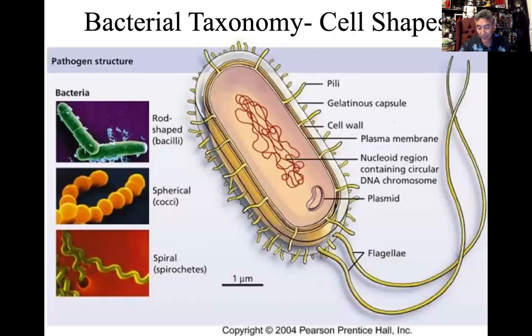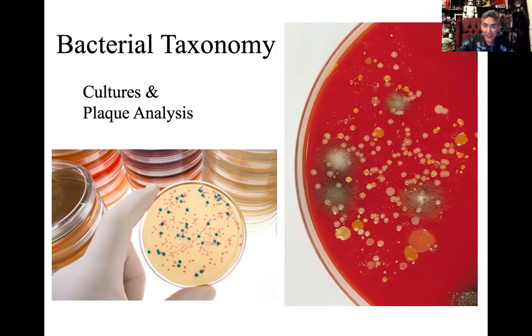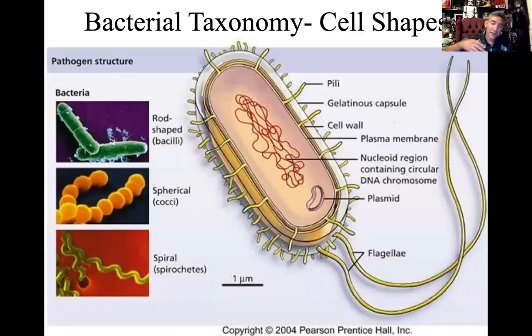So once we have our plaques, we can go in there and extract a little bit of maybe this whitish plaque or some of the green plaques, put them on a microscope slide, and perform a gram stain test, right? I'm going to get into the details of the gram stain test in a bit.